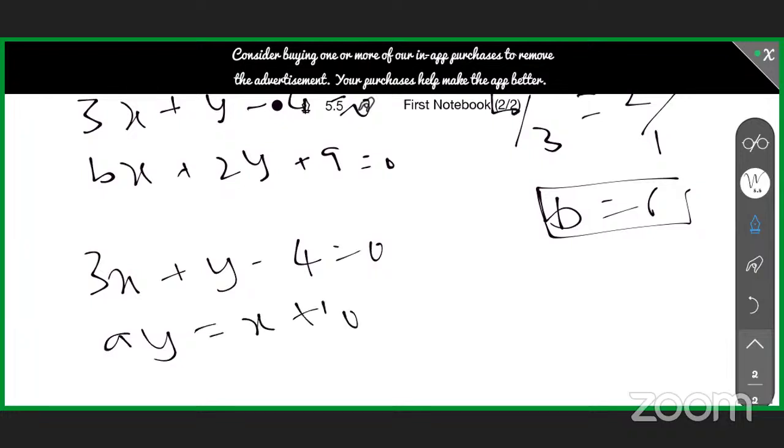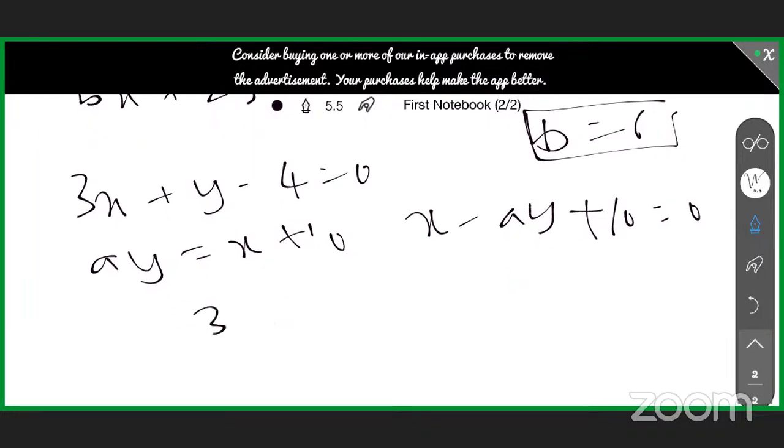That is x minus ay plus 10 is equal to 0. So this is equal to 0.